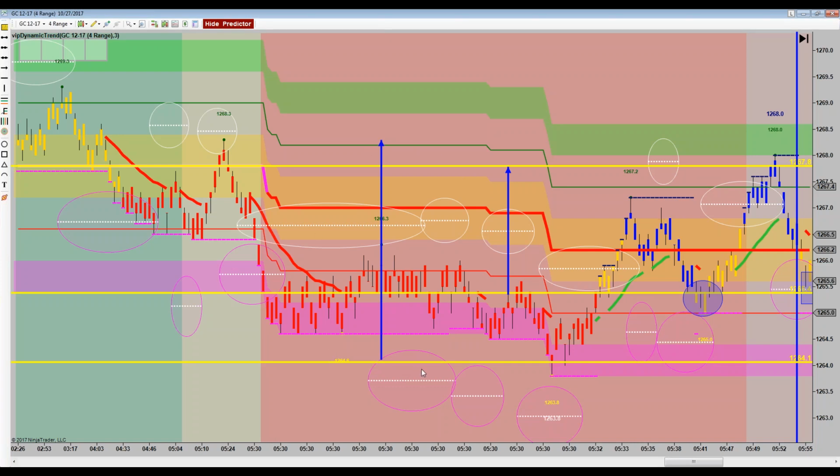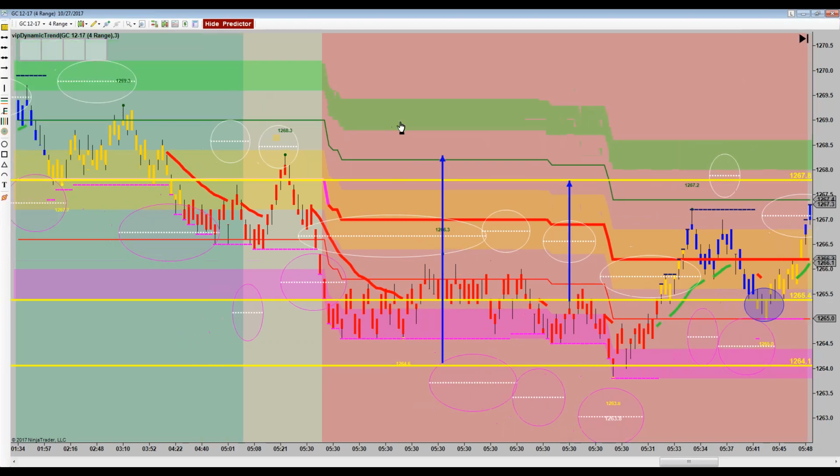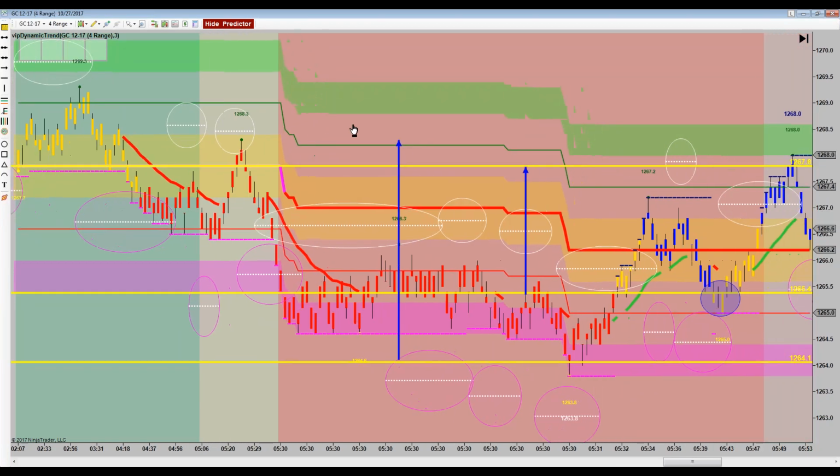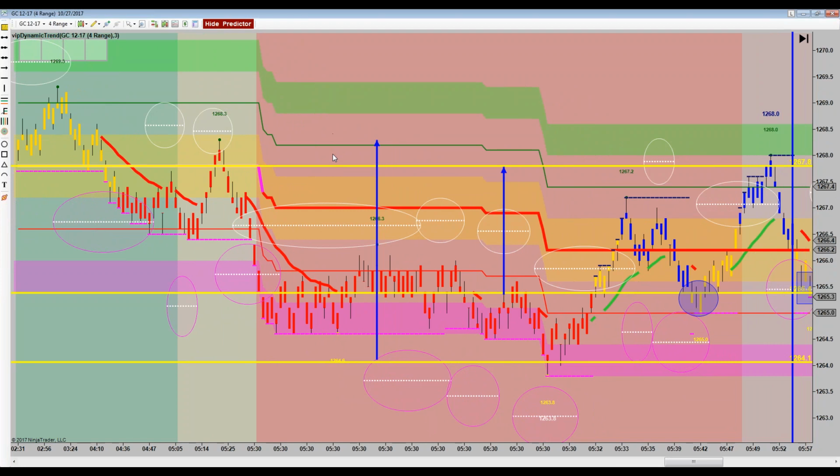Is it trending? If it stays in these lines, is the market trending? Or is it something else? It's range bound. Yes, you are sideways. There is no trend. Sideways, range bound price action means lack of trend. There is no trend.